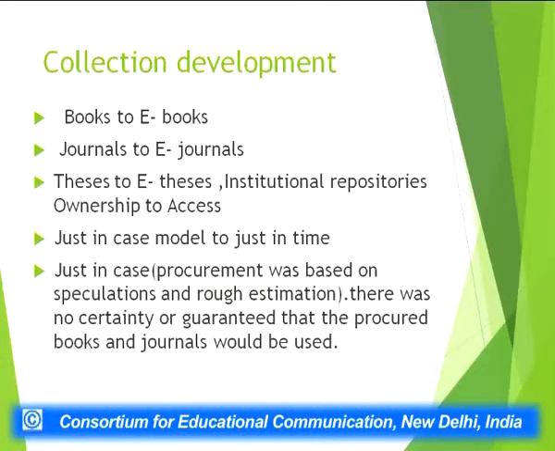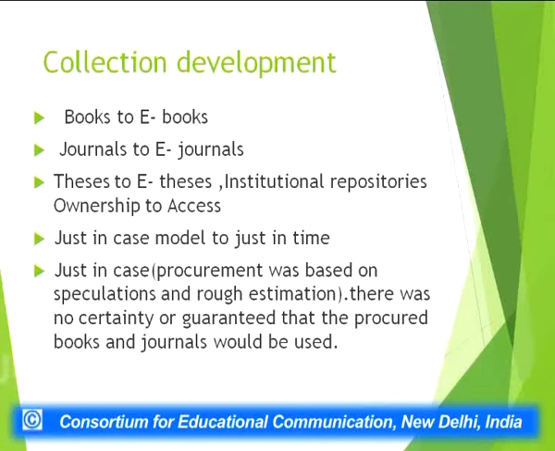Earlier we had ownership of the various resources. That means libraries held physical possession. They had under their possession physical volumes of journals, books, theses and dissertations, CDs. But now the model has shifted from ownership to access.